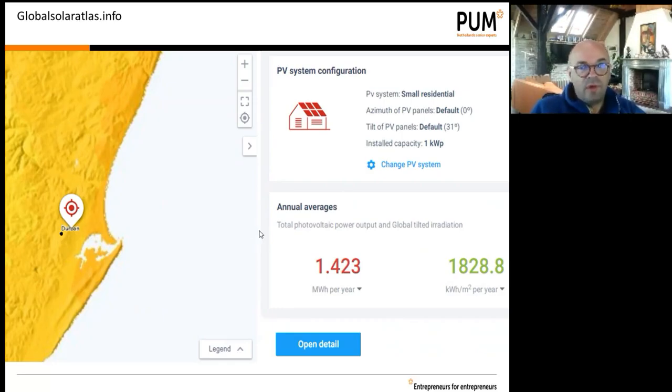So it's a very good website, and you can use it if you are going to calculate the amount of energy you need. This is the starting point. From this point, you can say, okay, so much power is at the place I live or where my client lives, and you can calculate the amount of panels, the amount of batteries, what kind of electronics you need, etc. This is the starting point, so please use it.